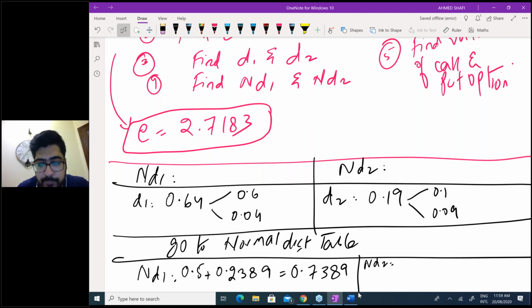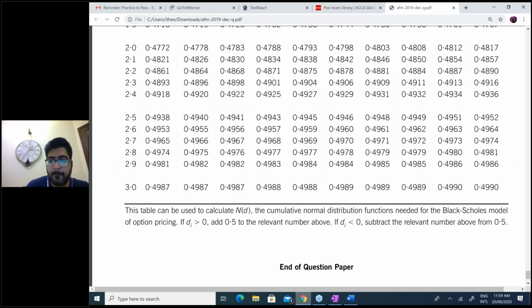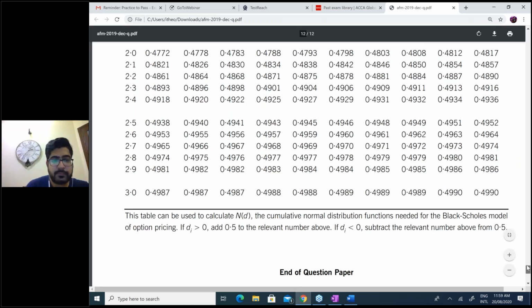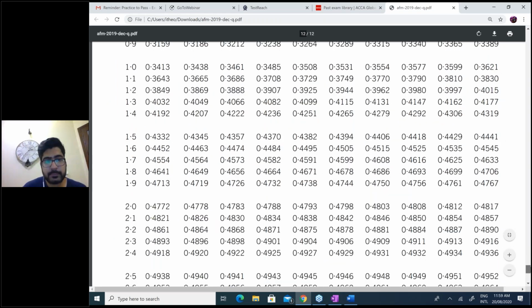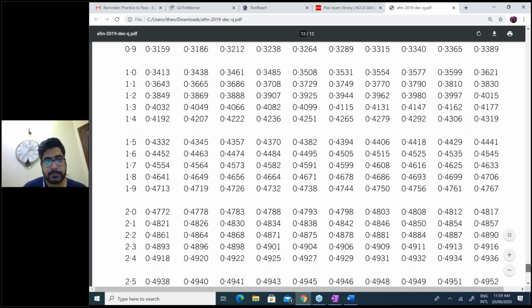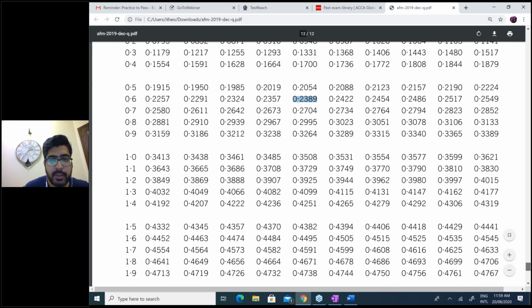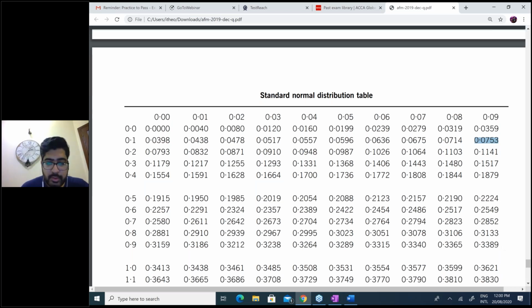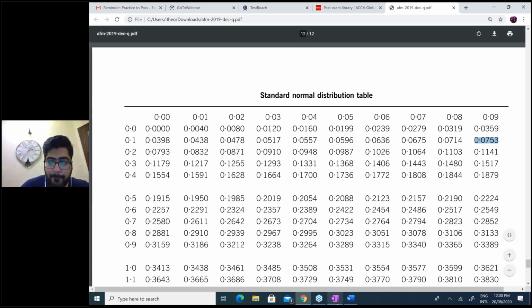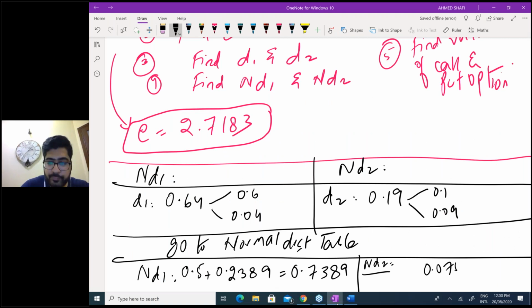And please pay attention. For ND2, what was D2? 0.19. Break it into 0.1 and 0.09. At the intersection of 0.1 and 0.09, you get 0.0753.